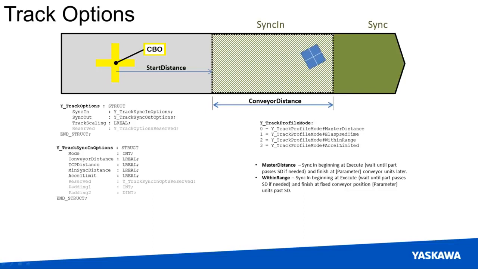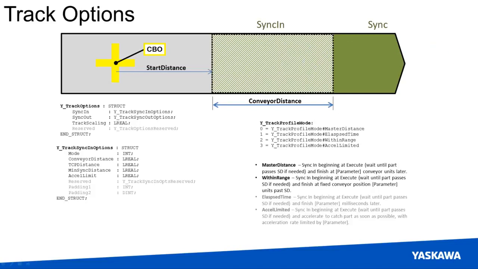If it's way close here at the end before we execute it, then that means we're going to have to move very fast, or we're going to need to come up with a way to tell the system that it's too short of a distance and to abort. And we'll get to that in just a second. The other two, elapsed time and Excel limited, are not supported at this time.